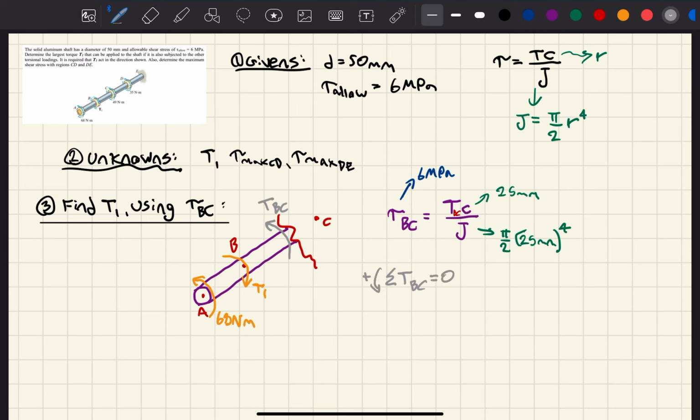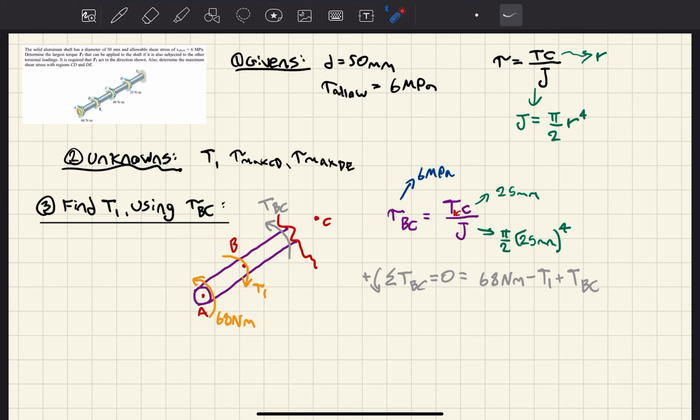Counterclockwise positive, it's equal to 0. What torques do I have? Well, I have 68 Newton meters minus T1 plus TBC. This expression is equal to 0.